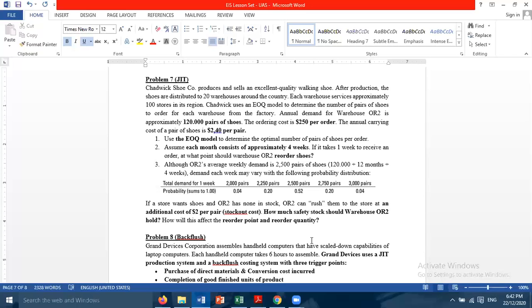Usually in that stage, the journals would be material inventory debited and accounts payable credited, and then conversion costs control debited and various accounts credited. That's for the first stage. This is mostly theoretical, so you guys will probably have to remember this, or if you can remember it intuitively, that's great as well.